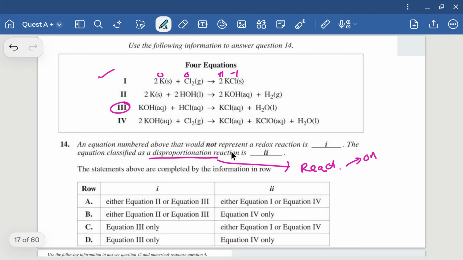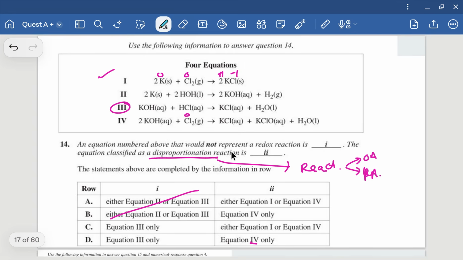Then when it's asking what's undergoing disproportionation, you want to look at your reactants and see if it's both your OA and your RA. We know that these two are not going to work. Looking at equation number 1, we have an OA and an RA, so it's not going to be that. Then equation number 4, I'm sorry, not 5. Just to emphasize this, chlorine is a 0 here.